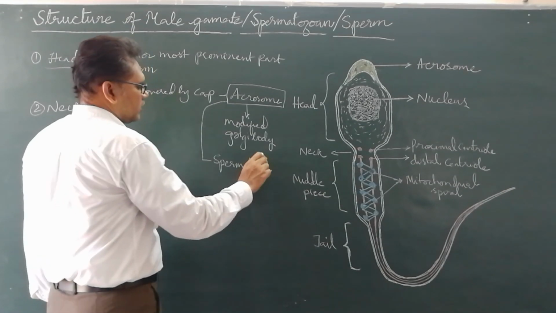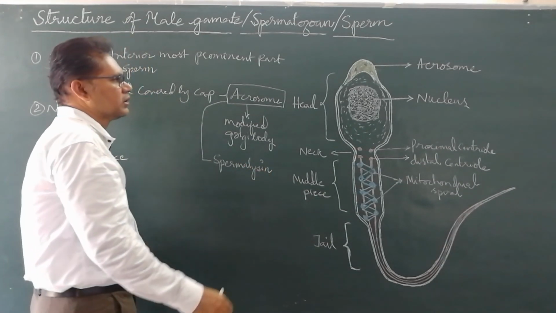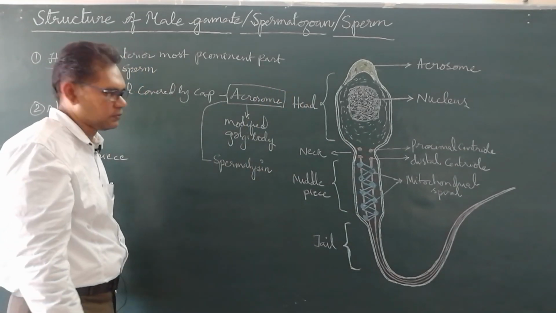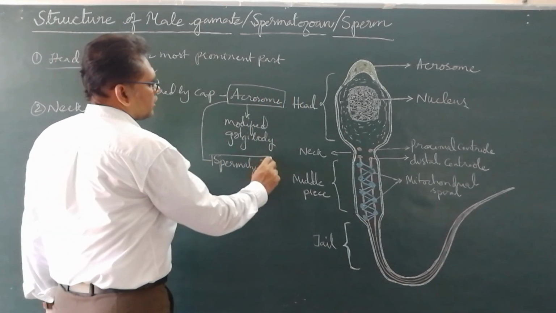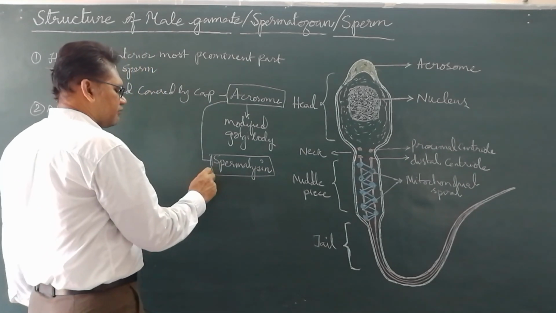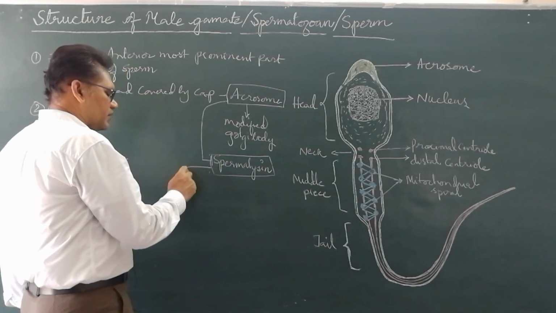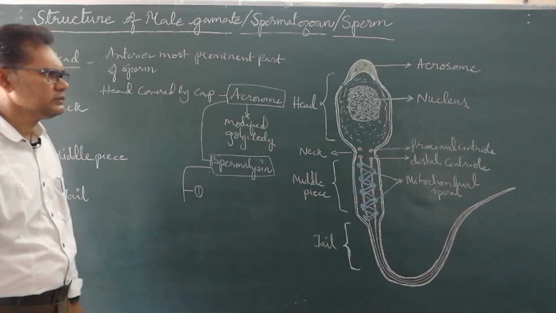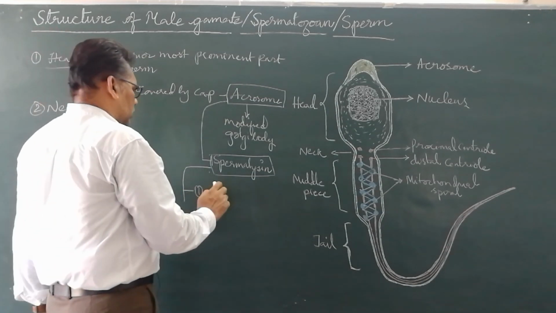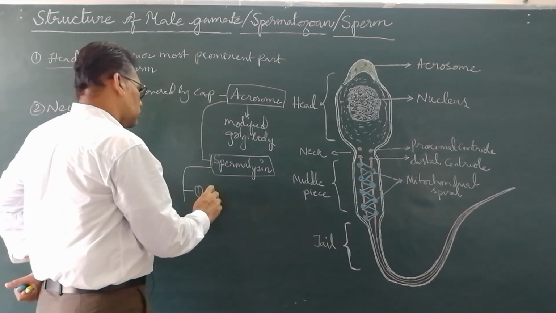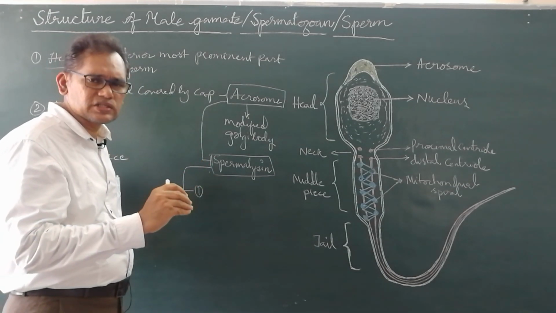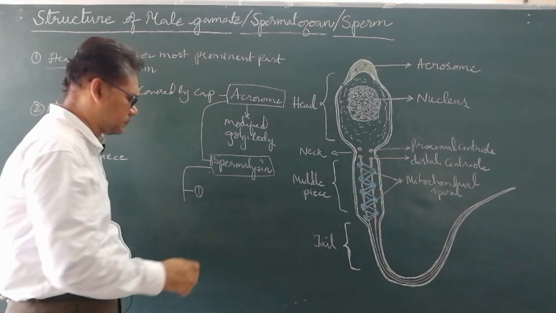What are the sperm lysins present in the acrosome? There are three. One is the granulosa digesting enzyme, called hyaluronidase.